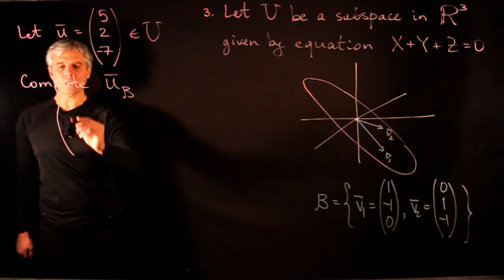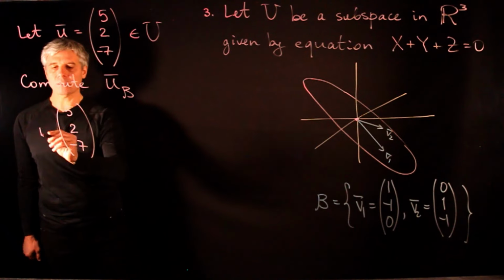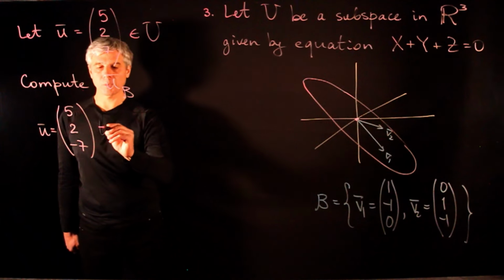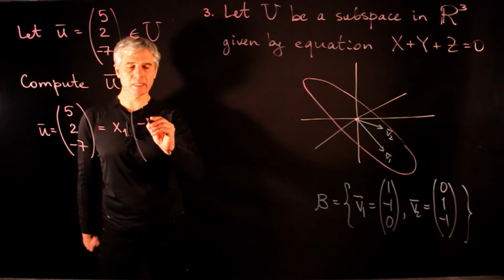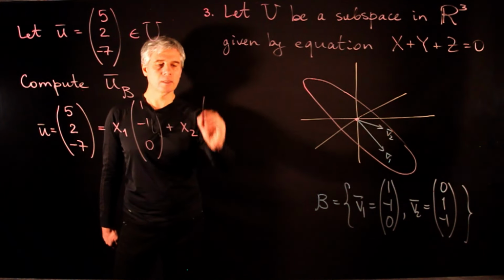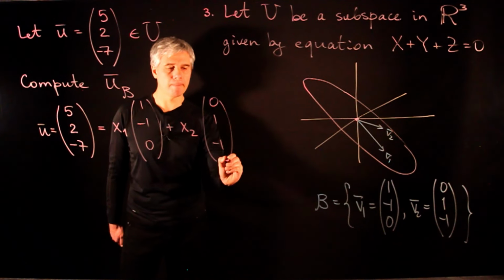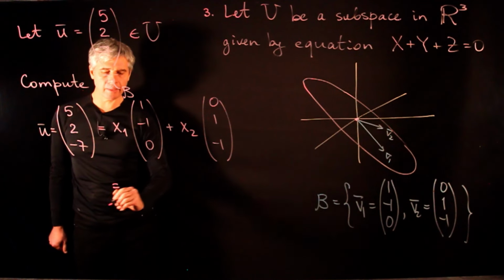In order to do this, we want to decompose the given vector U as a linear combination of basis vectors. So we want to write it as x1 times (1, -1, 0) plus x2 times (0, 1, -1). In this particular case, it's easy to see how this can be done.